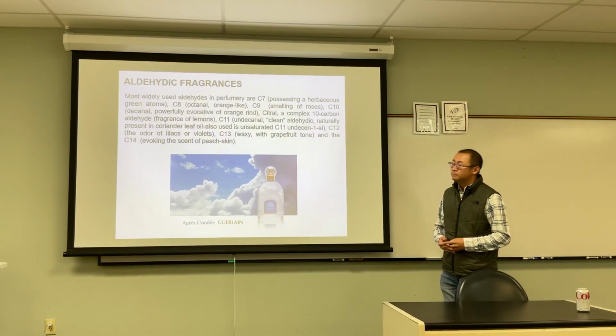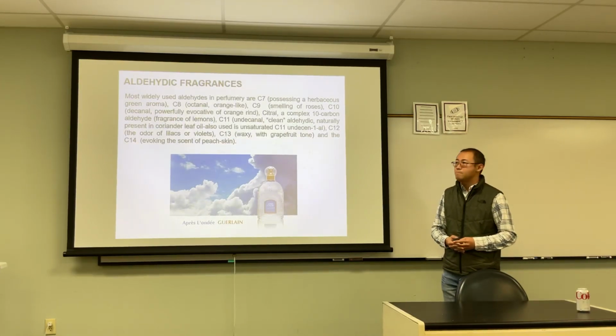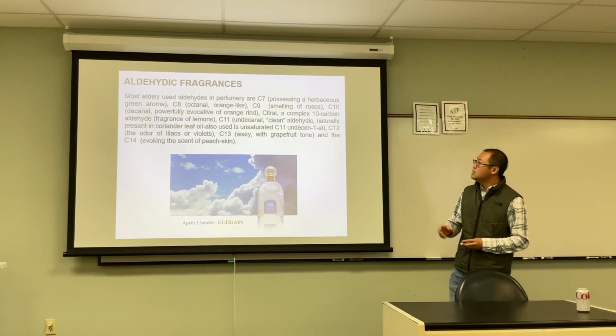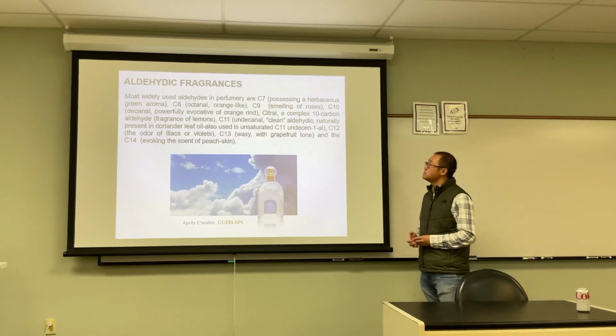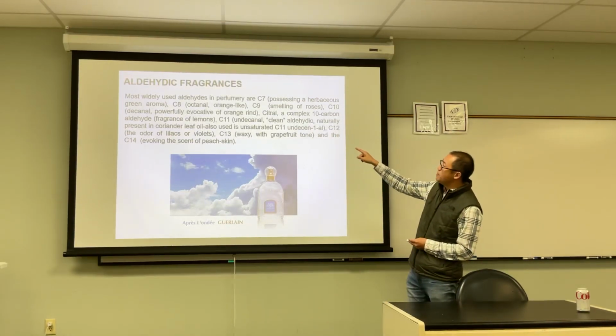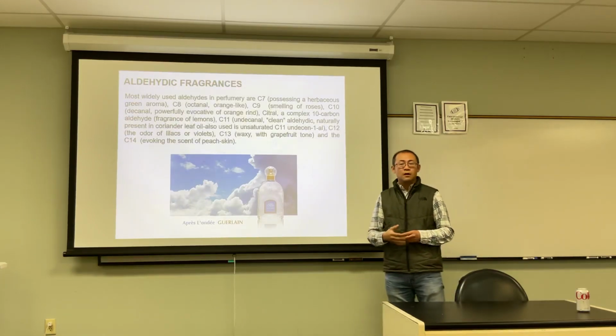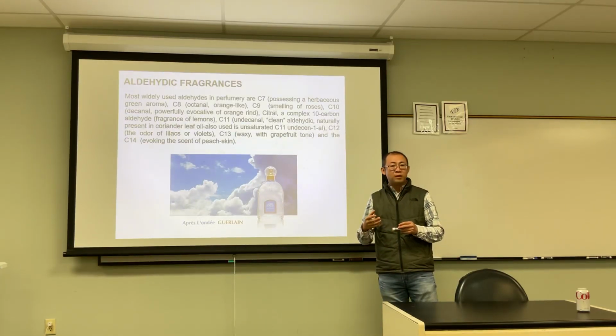A lot of perfumes are made from aldehydes, a mixture of aldehydes, because those small chain aldehydes, ranging from carbon number 7 to number 13 or 14, each have a unique pleasant odor.